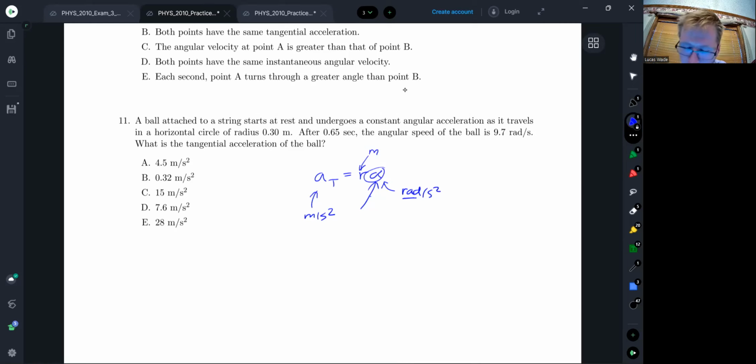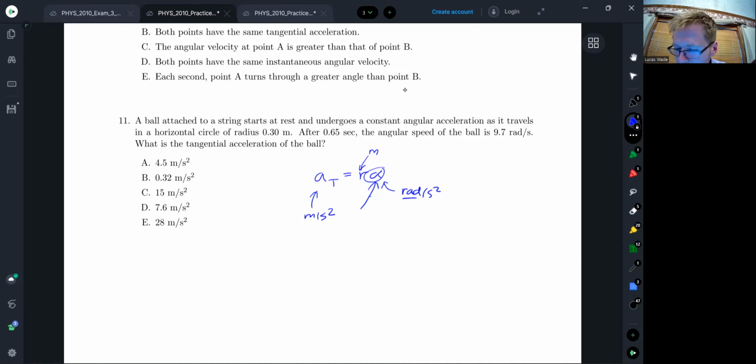Here's a question though. If you are told that this ball is rotating around at a constant angular speed, what is the tangential acceleration of that ball? 0. 0, because the angular speed is not changing.